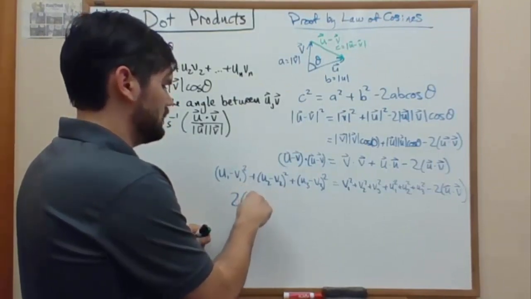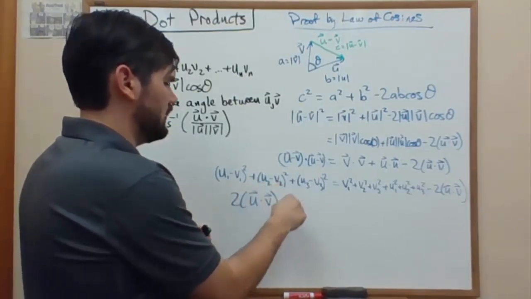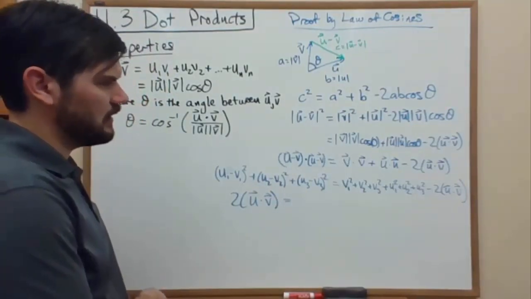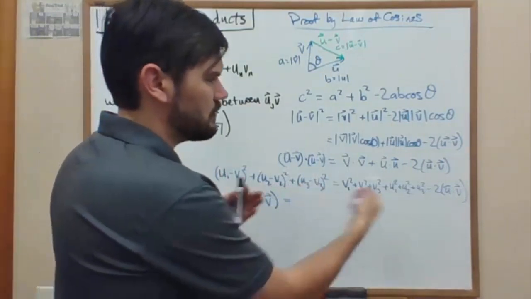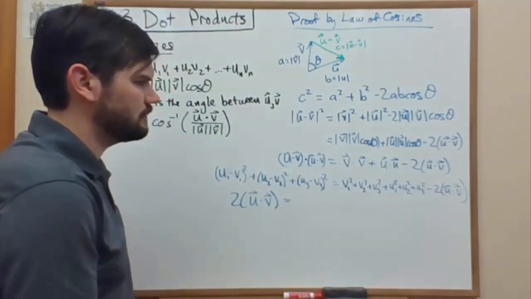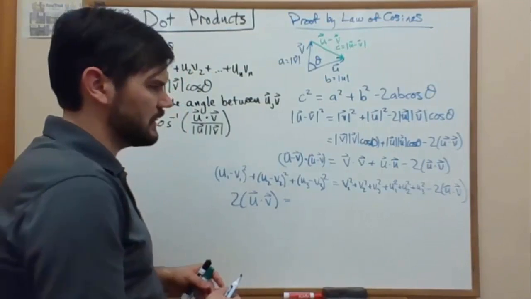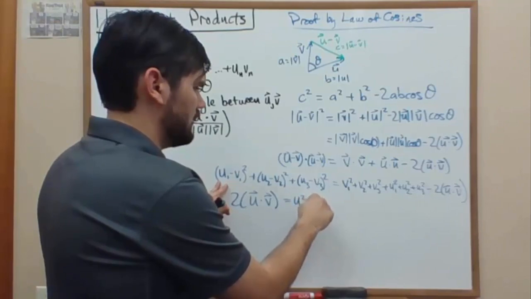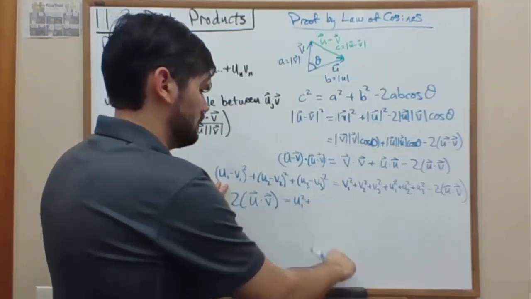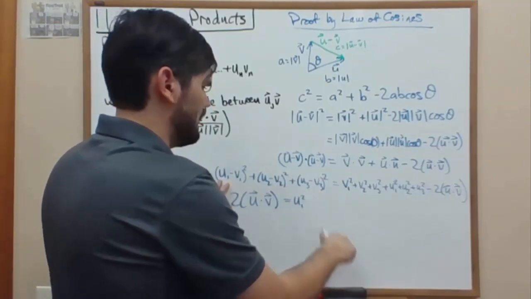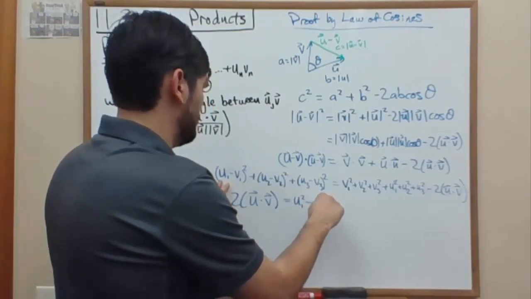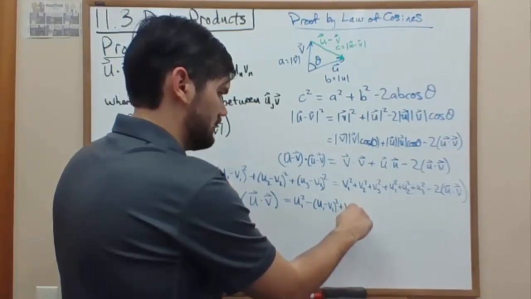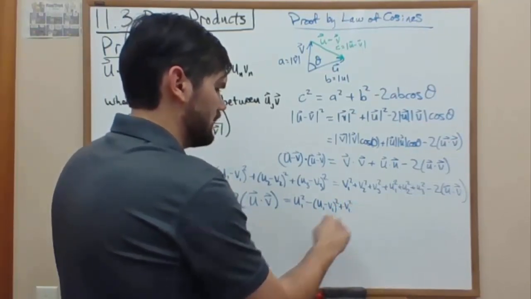We get 2 times the dot product equal to these three things subtracted from this sum. So let's group like terms together. I have a u1 squared, and then a minus u1 minus v1 squared, and then a plus v1 squared.